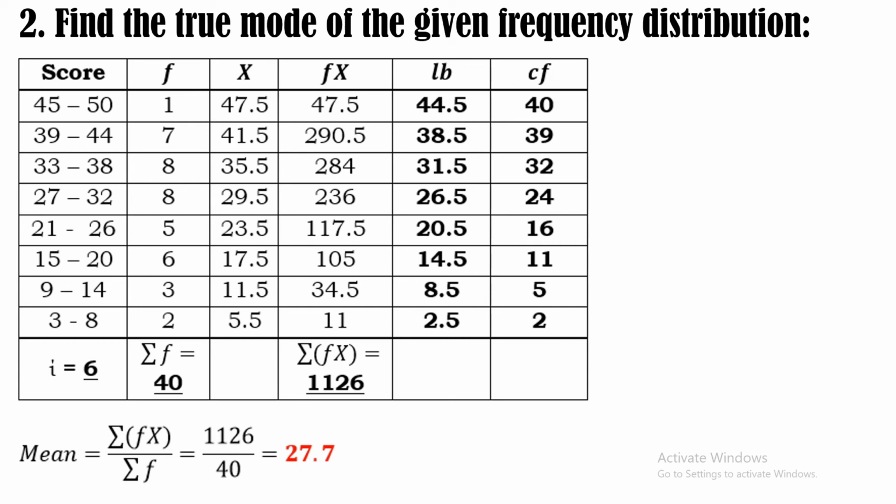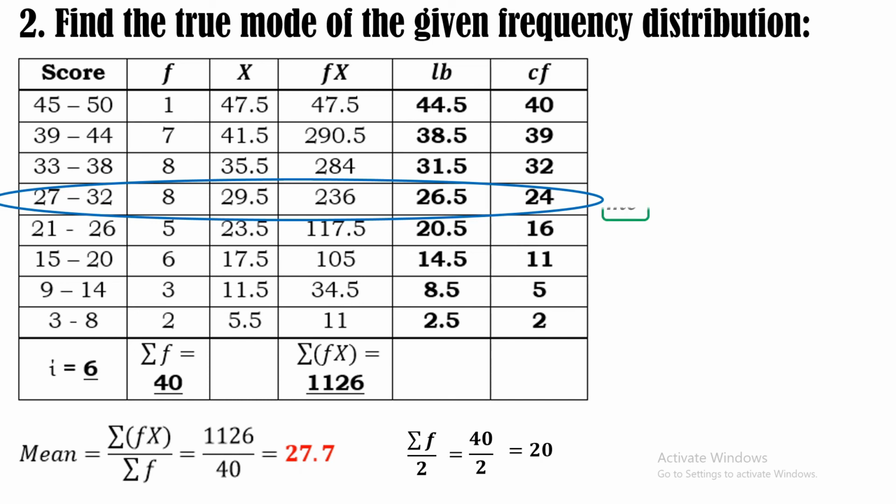Now let's find the median class by finding the value of summation of f over 2. So that's 40 divided by 2, so it's equal to 20. Now, on the CF column, find the smallest number greater than 20. What is that number? You're right, it's 24.